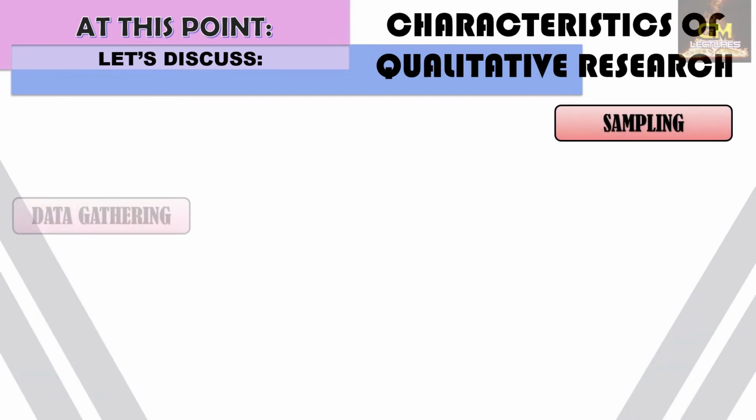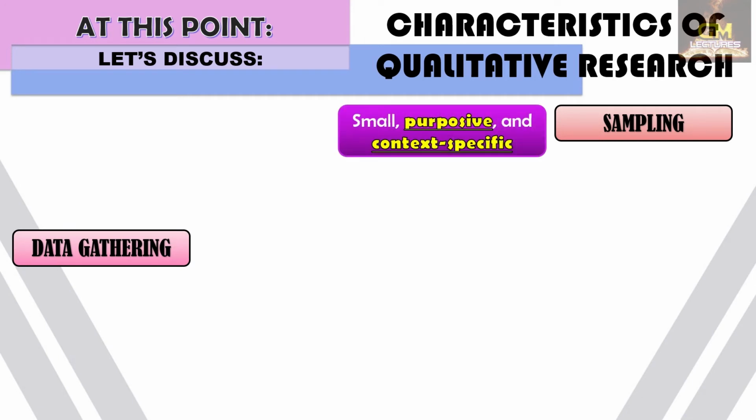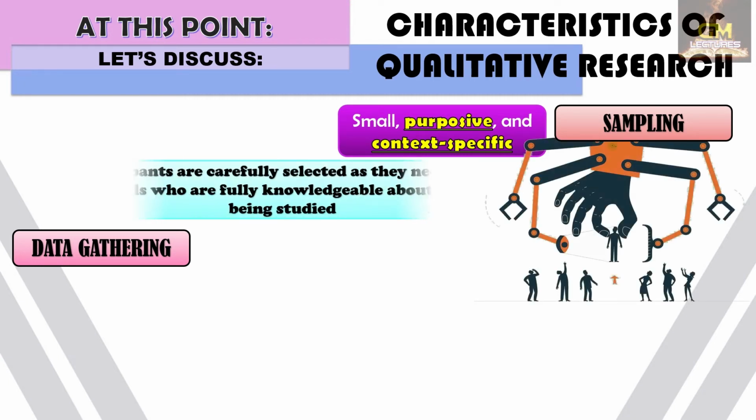In terms of sampling and data gathering, qualitative research sampling tends to be small, purposive, and context-specific. Meaning to say, in qualitative research, participants are carefully selected as they need to be individuals who are fully knowledgeable about the topic being studied.